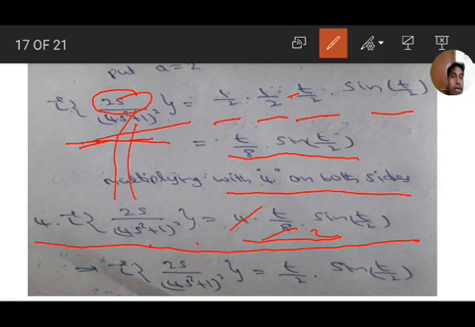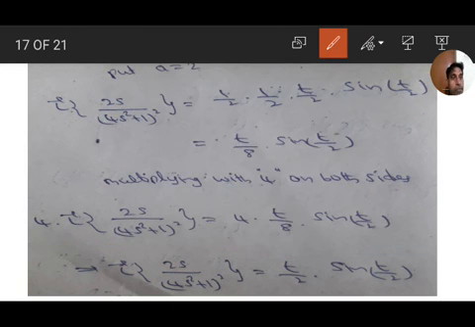If we bring the 4 inside, we get 8s: L inverse of 8s by (4s square plus 1) whole square equals t by 2 into sin t by 2.